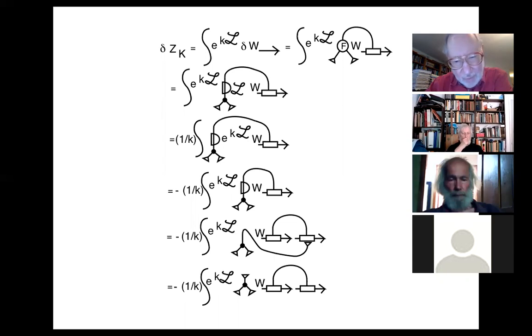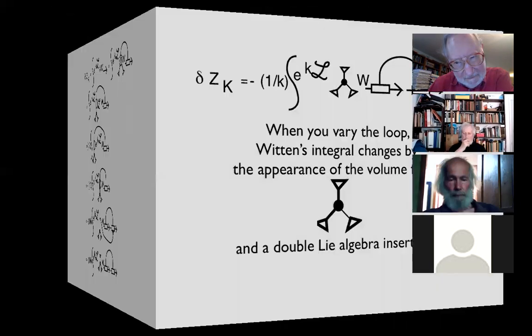And that volume form had better be non-zero if there's going to be any change at all. If the volume form is 0, then we just calculated that there's no change. So that's a variational, somewhat axiomatic picture of how the Witten integral changes under a geometric deformation of the knot.